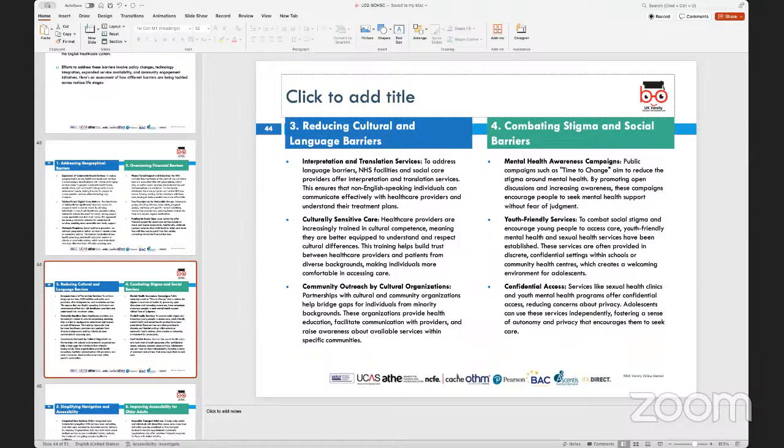Now, combating stigma and social barriers can only be done through awareness campaigns, basically education, and ensuring that enough information is available to all members and all segments within the community so that they are able to understand the other's viewpoint and do inclusive communication in order to better support individuals.